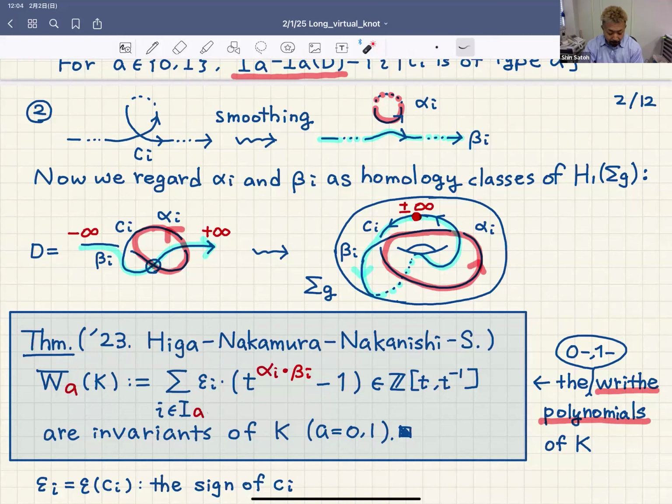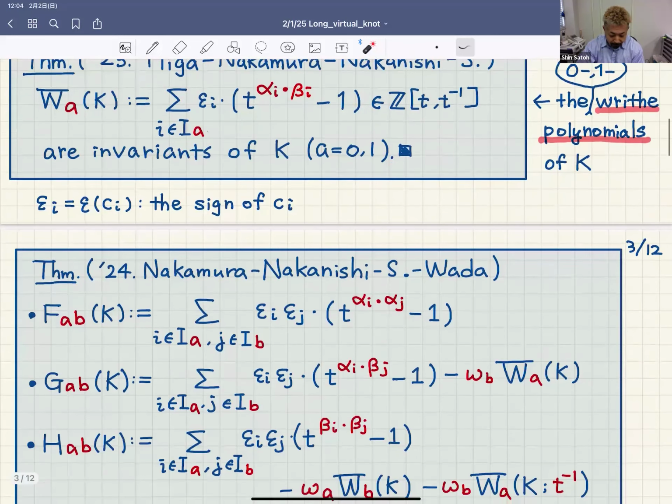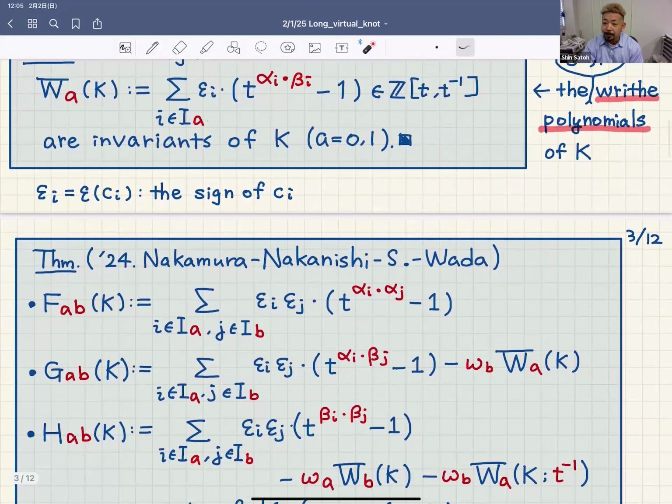Furthermore, we can define 12 Laurent polynomials, FAB, GAB, HAB, by these equations for each A and B. For any types A and B, the polynomial FAB is a formal sum of the intersection numbers between alpha i and alpha j, equipped with the product of the signs of the crossings here, for all the pairs of crossings Ci and Cj of type A and B, respectively.